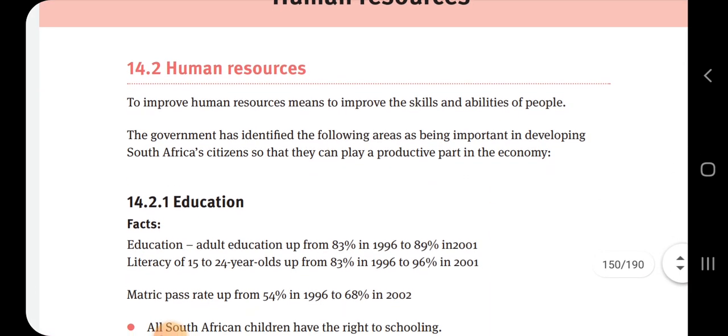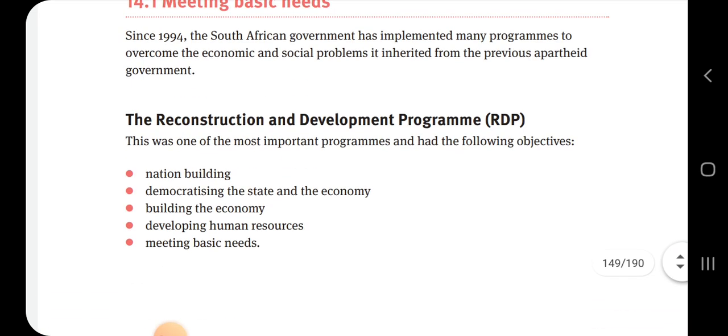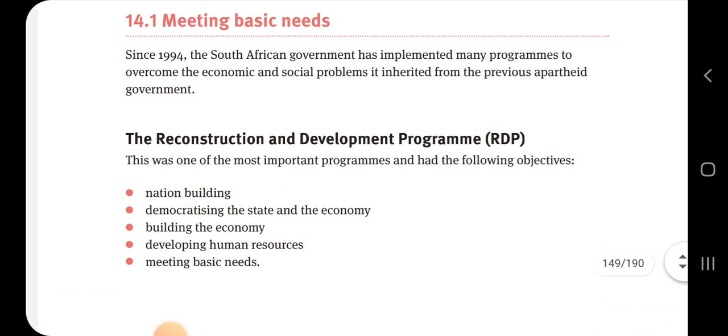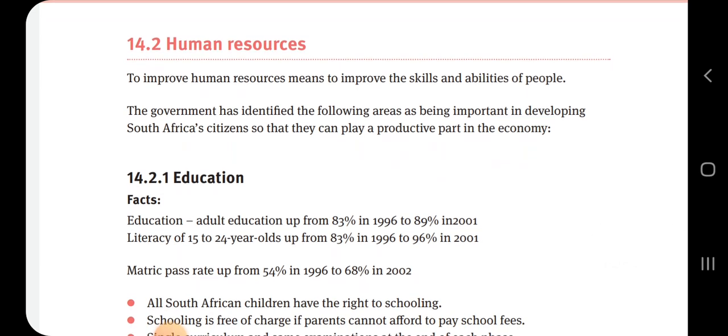And then let's talk about human resources. Here, with the RDP, they were making sure that previously disadvantaged people have access to basic needs. This can become an essay type question, as it has not been asked. It's the first time you're doing this topic, so it can be an essay type question.